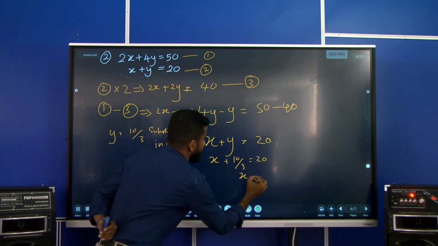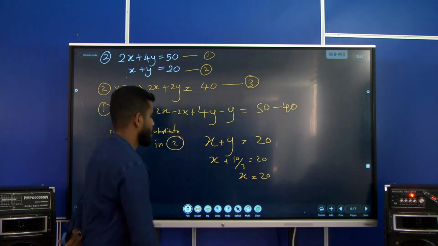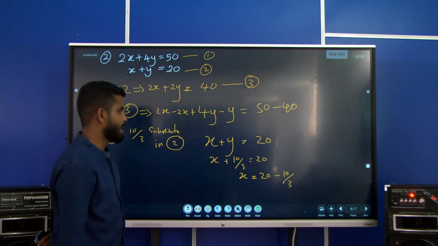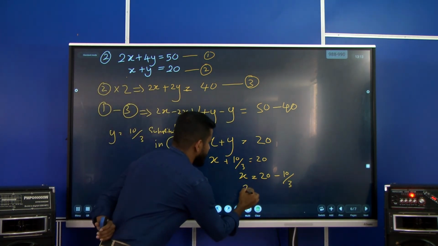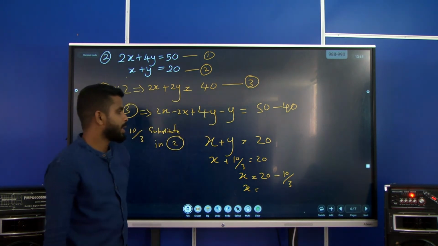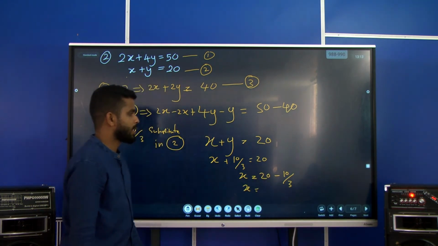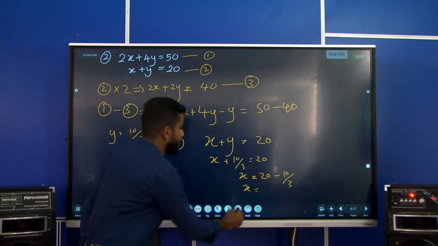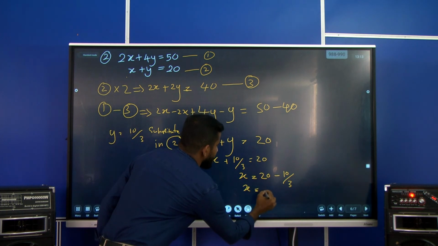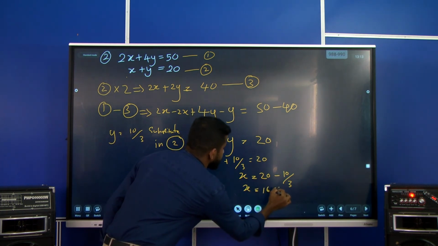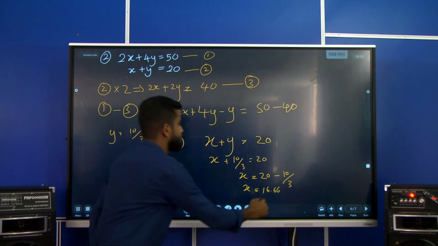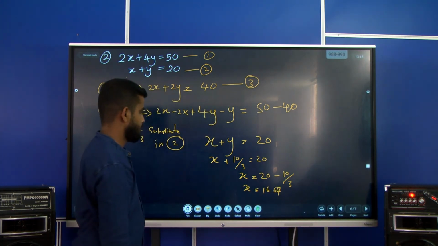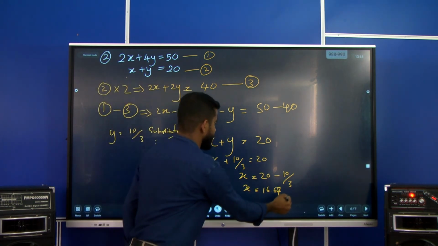Therefore x is equal to 20 minus 10 third. We know 10 third is 3.33, and 20 minus 3.33 is equal to 16.66. So we can round it to 16.67. This would be the answer.